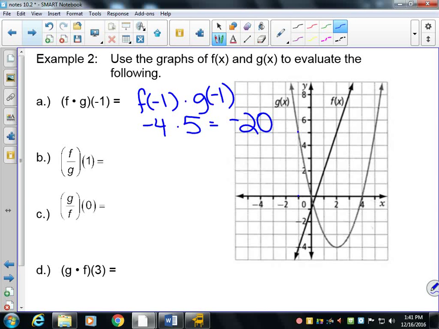F divided by g of 1. What's that? That's really f of 1 divided by g of 1. What's f of 1? 2. And what's g of 1? Negative 3. So we get negative 2/3.